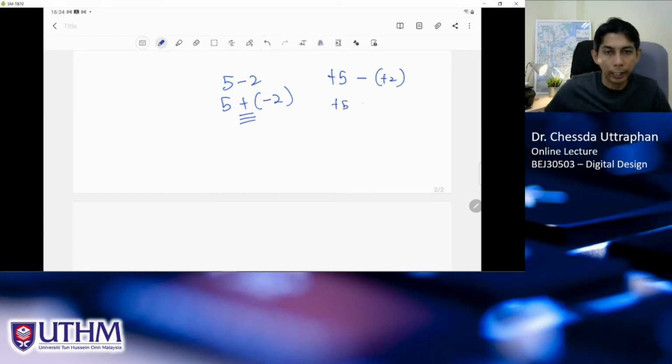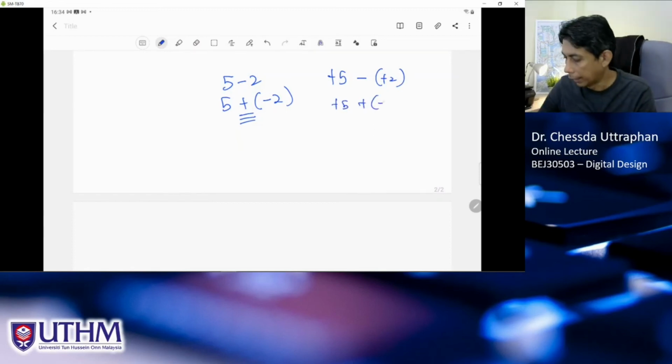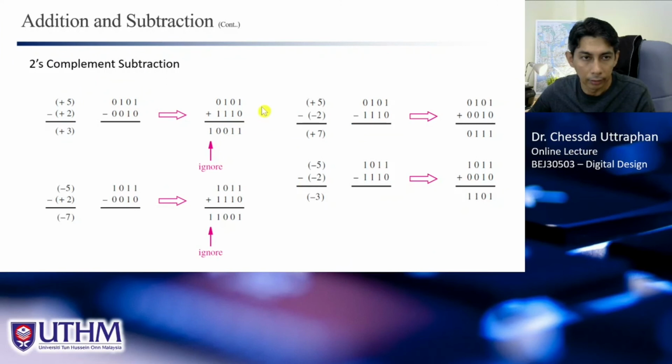So you still use an adder, right? This is the same thing as the previous one. Plus 5 minus minus 2 is actually plus 5 plus 2.